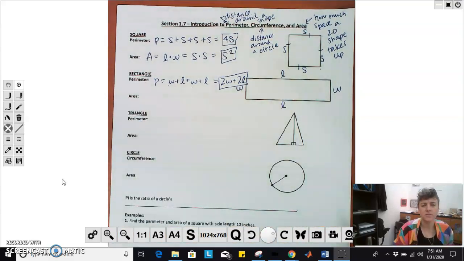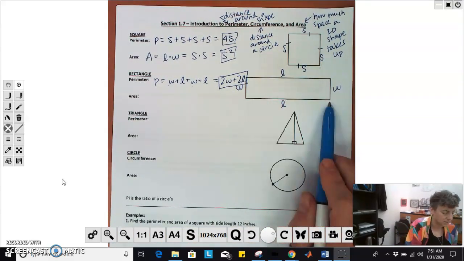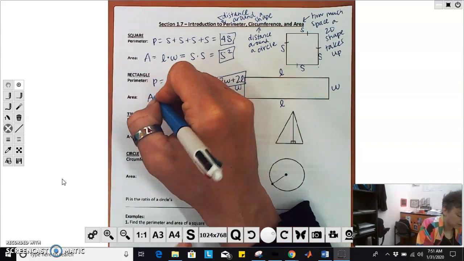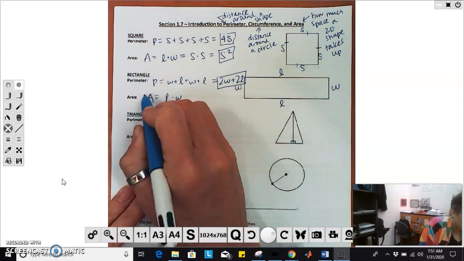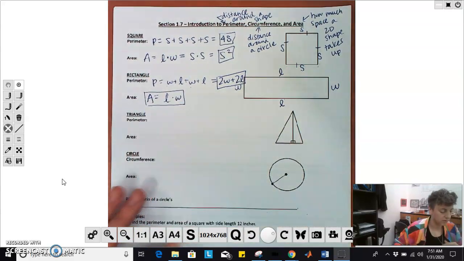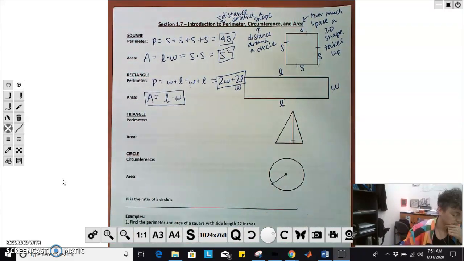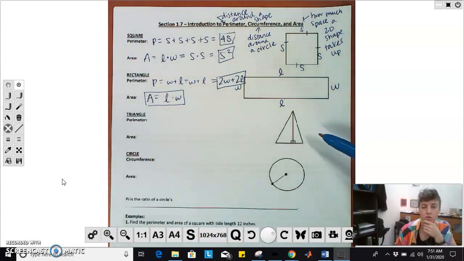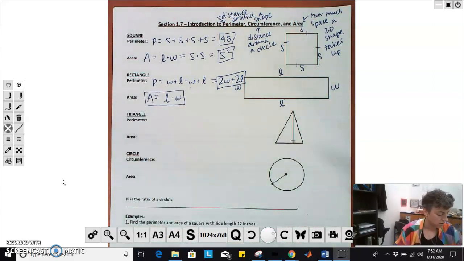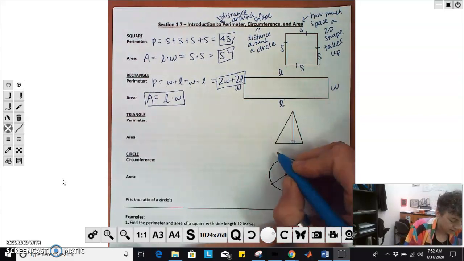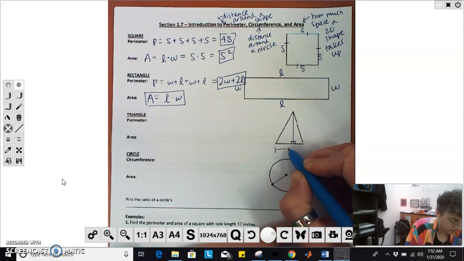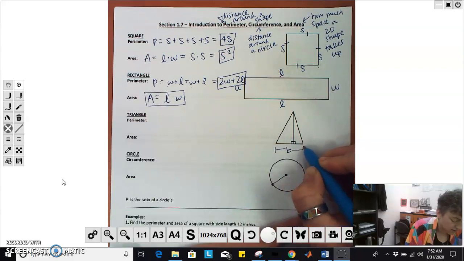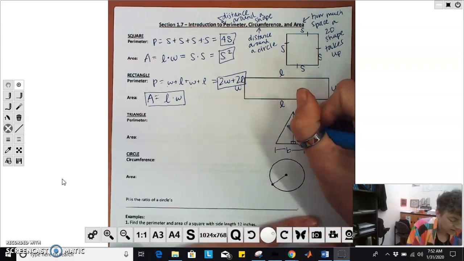And our area, length times width. Area equals length times width. There we go. Okay, now we've got a triangle. Triangle has a base. This whole thing is its base. And then a triangle has a height.